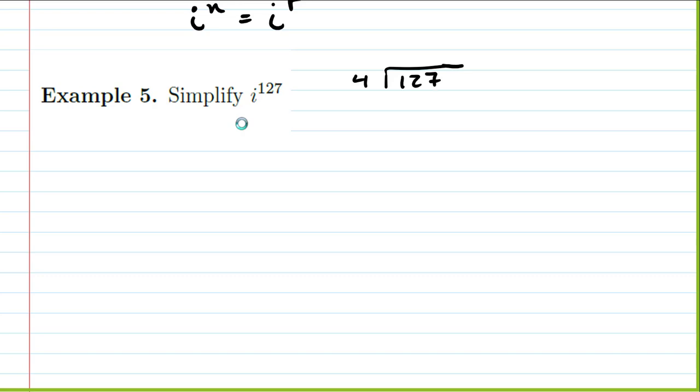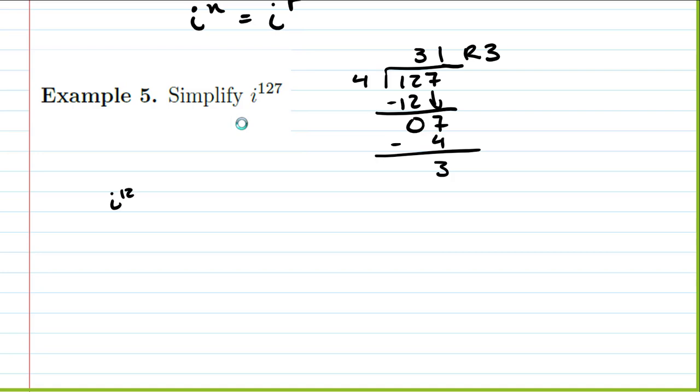So 4 goes into 12 3 times. We get 0. We bring down our 7. 4 goes into 7 once. 4, we subtract, we get 3. So our remainder is 3. So our theorem above tells us that i to the 127th is the same as i to the 3rd, which is then going to be negative i.